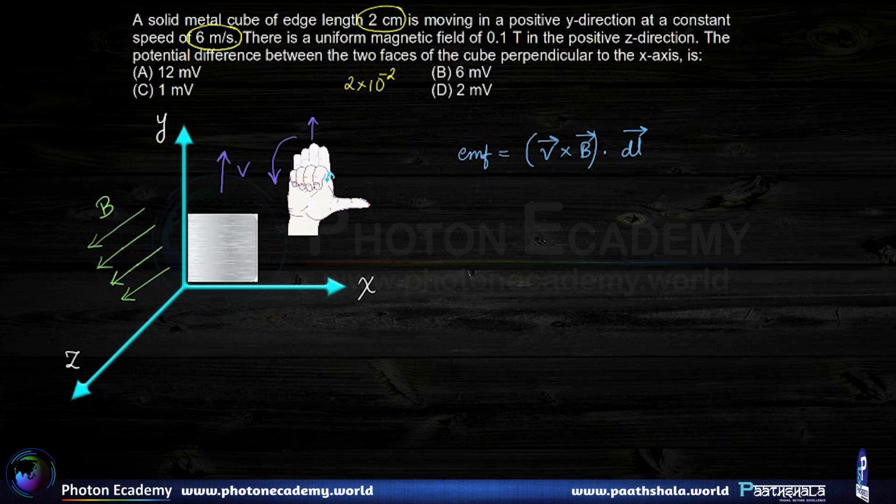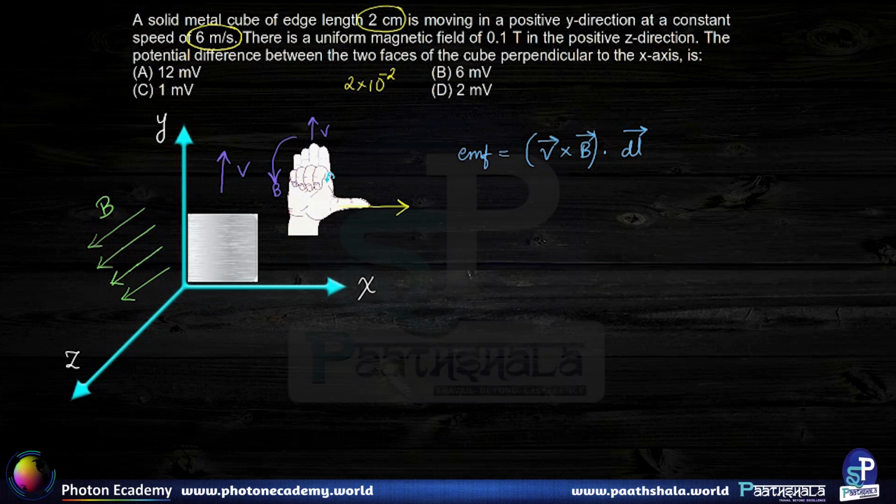So if we do V cross B, then essentially we are going to get the EMF pointing in the positive x direction, meaning the battery that would be generated would be like so. So the electric field that is generated will basically be pointing in the positive x direction as per the right hand rule as shown.